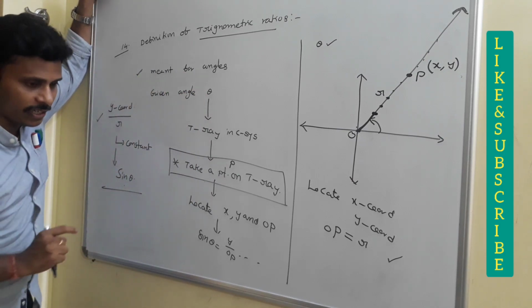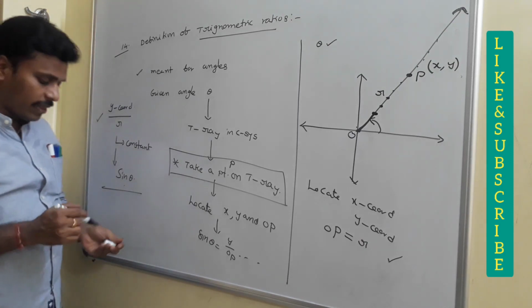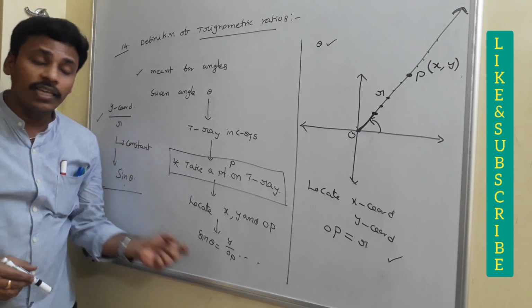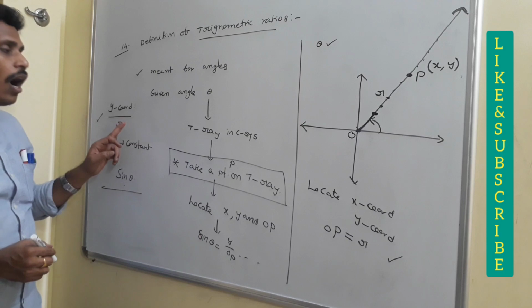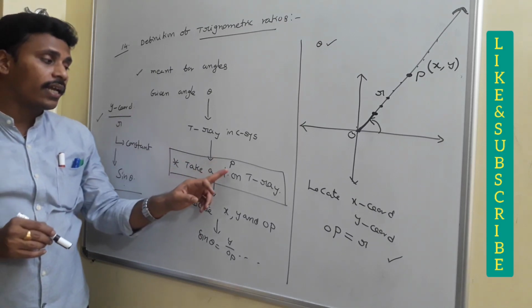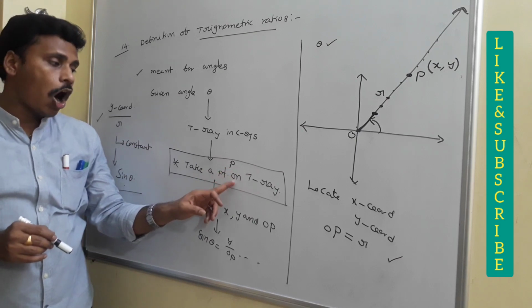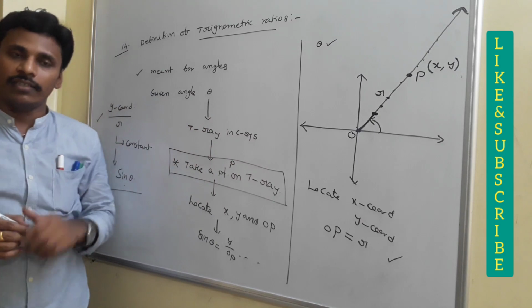What is sin theta? My answer to that question is: the definition of sin theta is the constant ratio between the y coordinate and the R value, where the y coordinate is for a point P on the terminal ray corresponding to the given angle in the coordinate system.